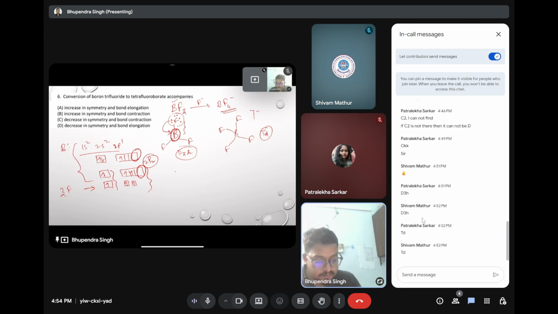In the tetrahedral case, 4 fluorine are coming, so this vacant orbital is already filled by the fourth fluorine.